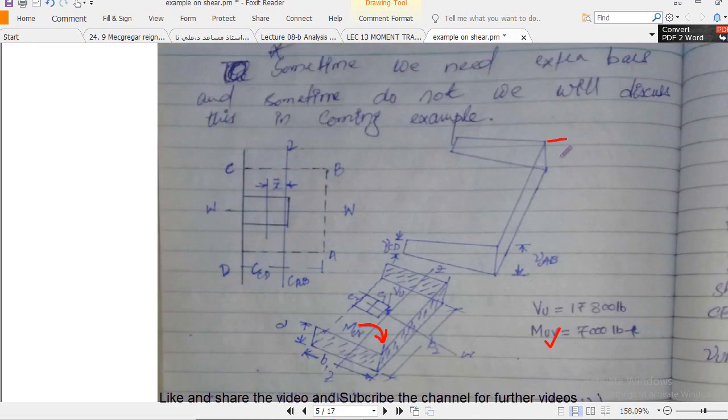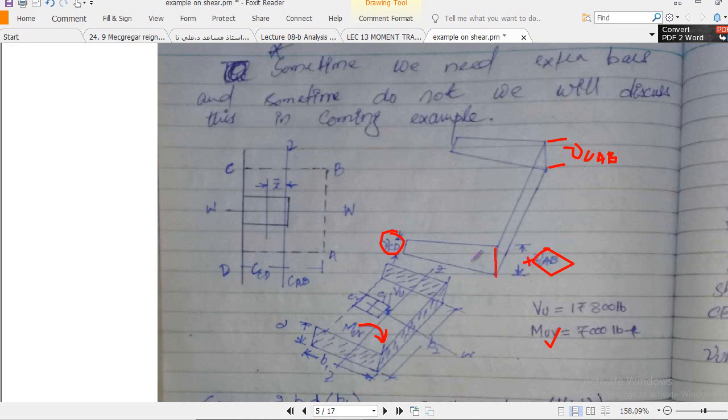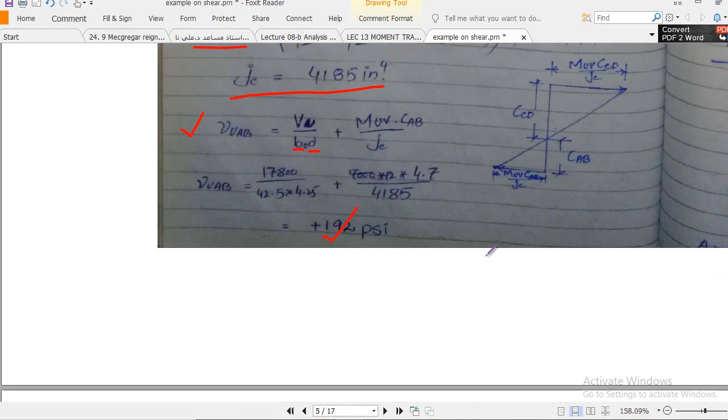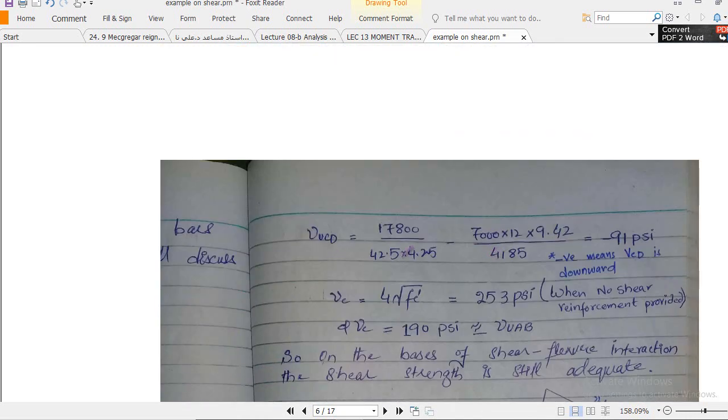This shear is my VUAB, you see here, this one. And this is my minimum shear. But remember, here I am assuming this is positive. Although this one is positive, this one will be negative. You just need to use the negative sign and change this value, CCD.